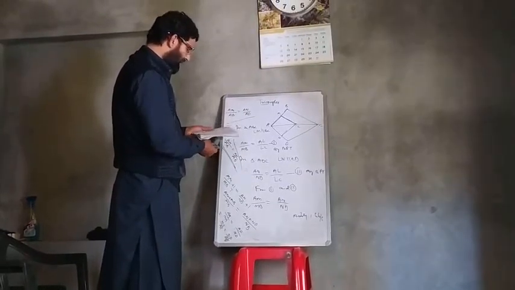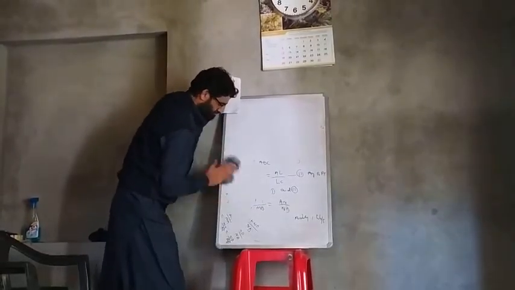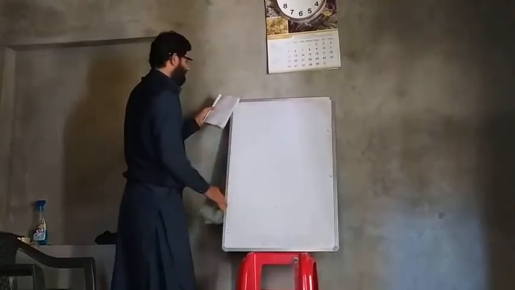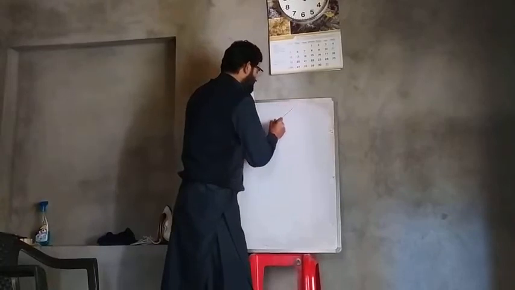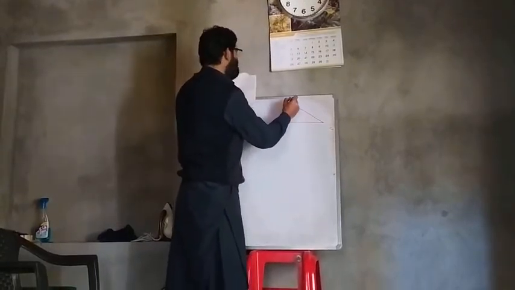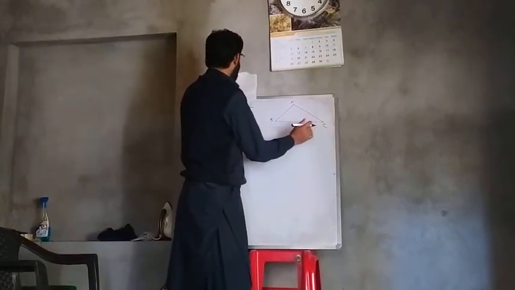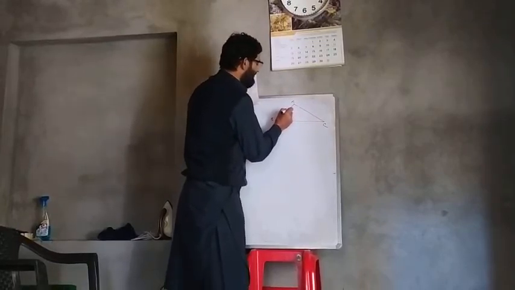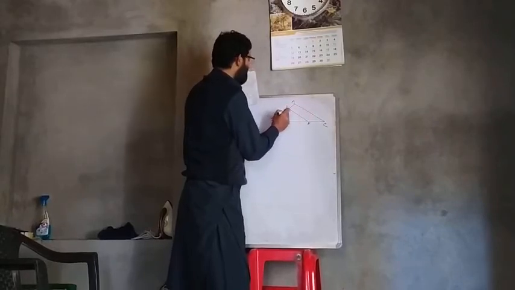Now question number 4 reads, question number 4 is like this. ABC is a triangle, and this DE is parallel to AC.